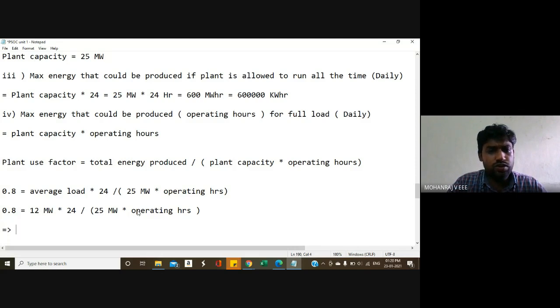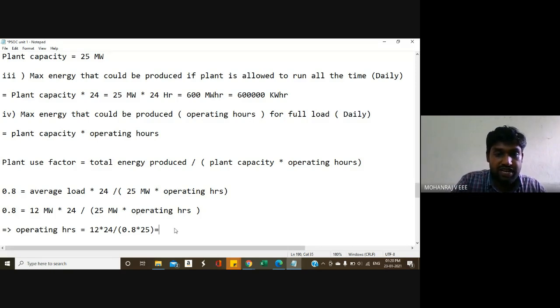Operating hour is equal to 12 into 24 divided by 0.8 into 25.